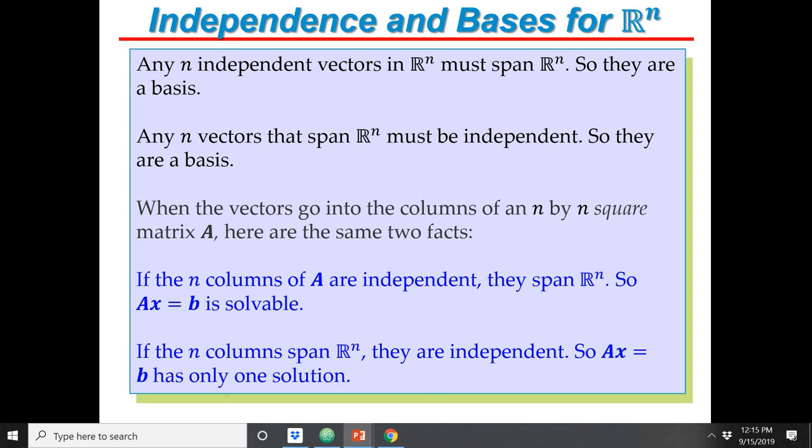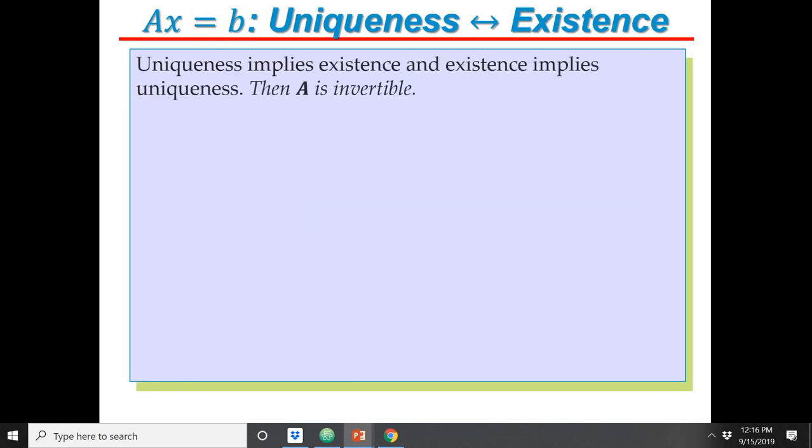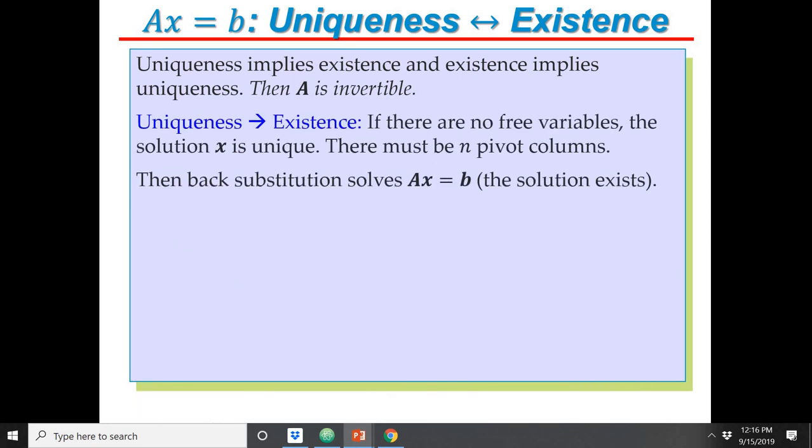So effectively, these two common sense statements that you see here for invertible matrices have to do with the uniqueness and the existence of solutions of Ax equal to B, and I think the next slide summarizes this, that uniqueness implies existence of solution, and existence of solution implies uniqueness.